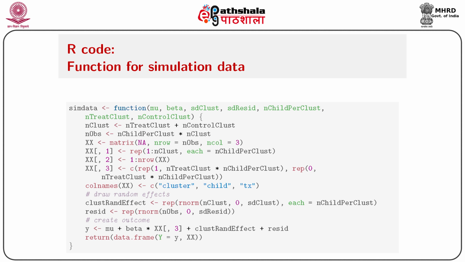So 1 for the treatment and 0 for control that we have defined, and column names you can give cluster, child, and tx.